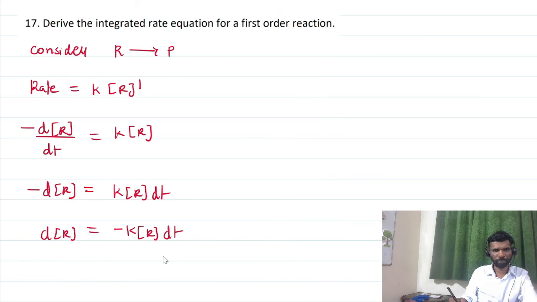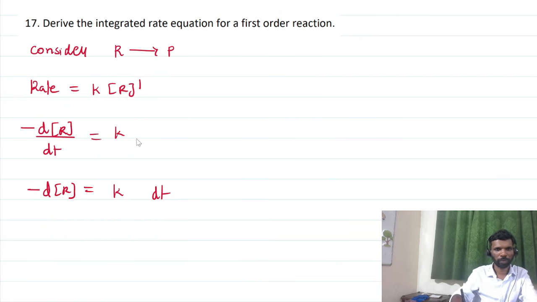What I'll do is, sorry, not this way. I'll write this way. Take this R down and this K on the other side as it is, and dt.